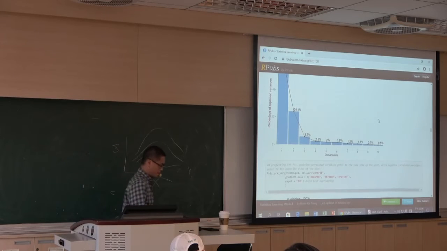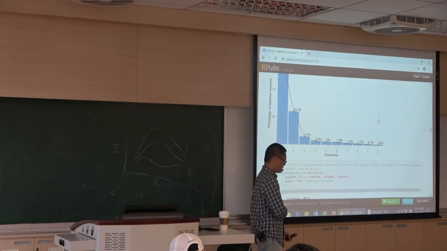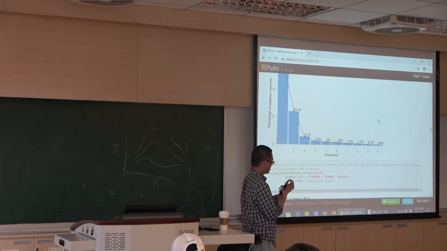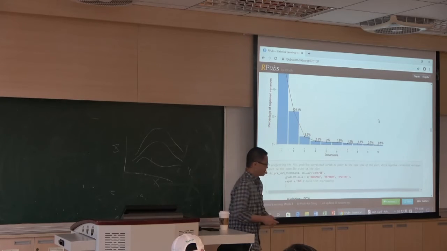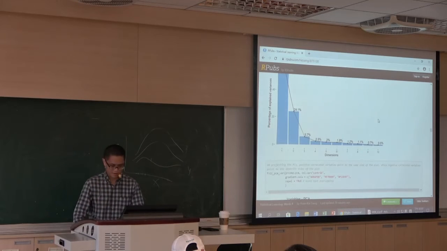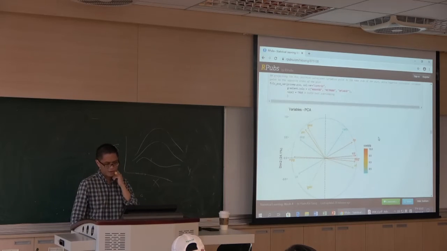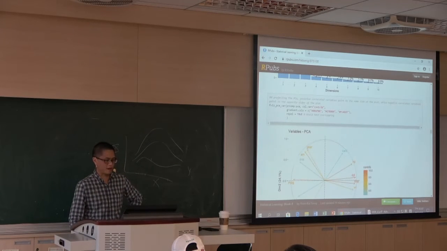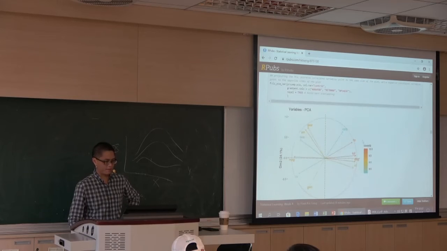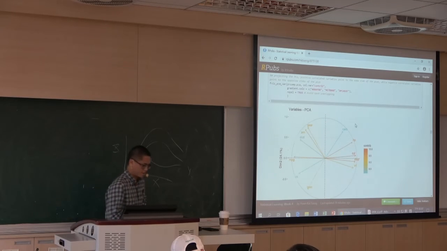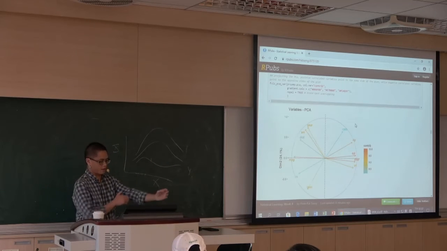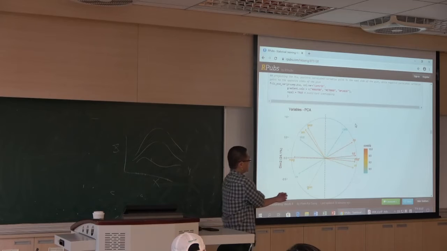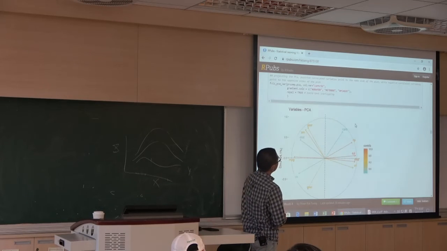And also, you can use this visualization method to find out how each of the principal components are correlated with each other. You can use the function fviz_pca_var, and then you set the color scheme by the contribution to each of the principal components.